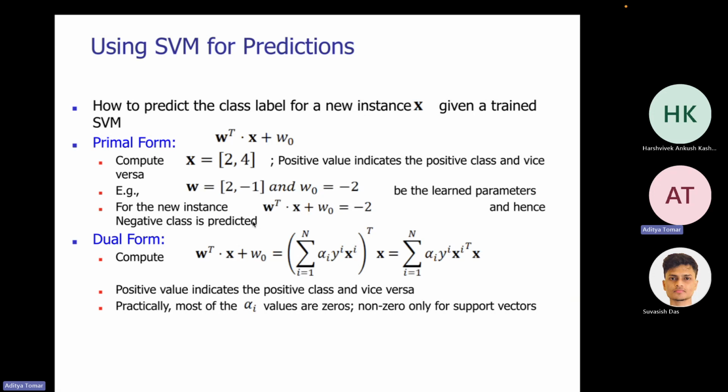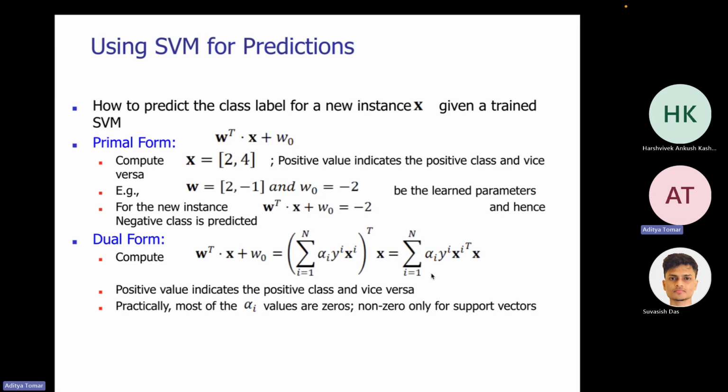If this is less than 0, this is minus 1. That's what we'll do. We don't explicitly use W here because we don't have the explicit W. We only have the alpha i and the corresponding training data points, right? So that's what it is converted into. You apply this point into this equation. In the end, we multiply with the corresponding alpha i and xi, and yi is there, whether the original data point belonged to class plus 1 or minus 1. Okay. Understood what we do in the testing scenario? There is yi here.